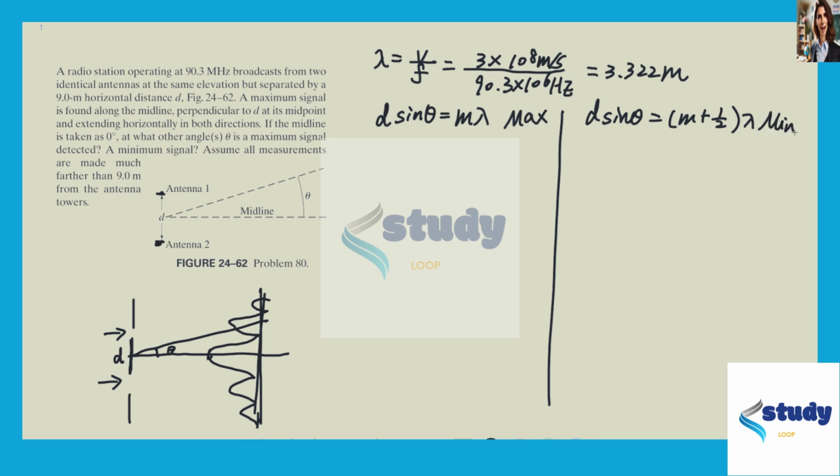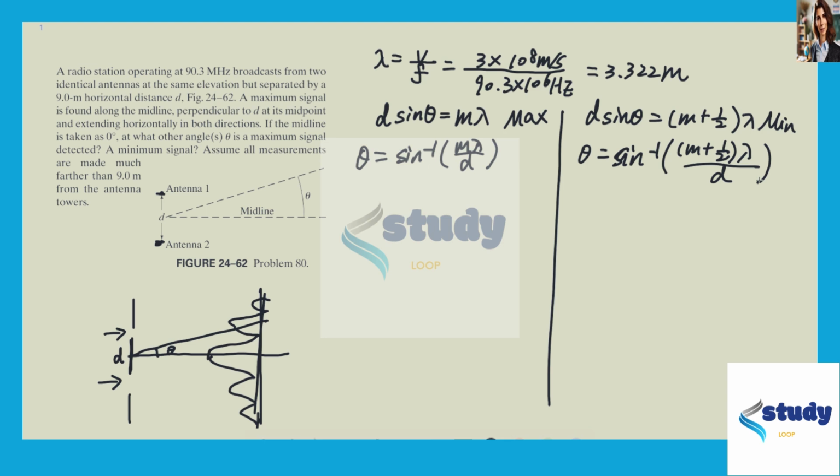From this we get theta equals arc sine of m lambda over d, and theta equals arc sine of m plus 1/2 lambda over d. Okay, so these are the equations we have.